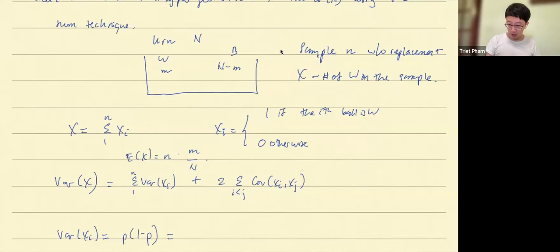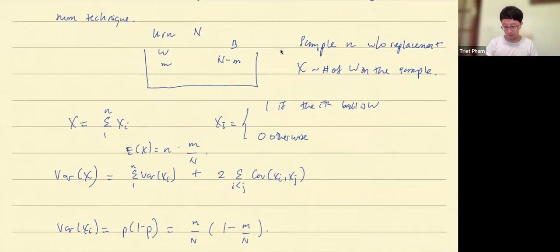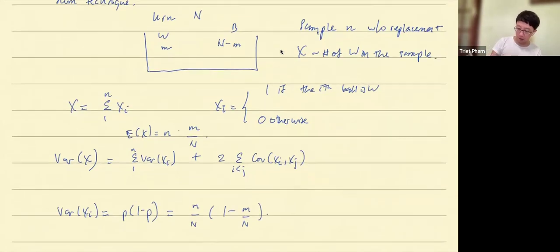A success here is having the ith ball being white. So that's going to be m over n times 1 minus m over n. So the first part here is just n times m over n, 1 minus m over n.